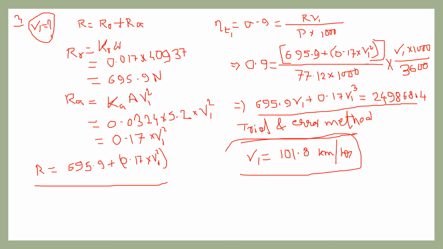So here we calculated the velocity of the vehicle at the top gear, that is 101.8 kilometer per hour.